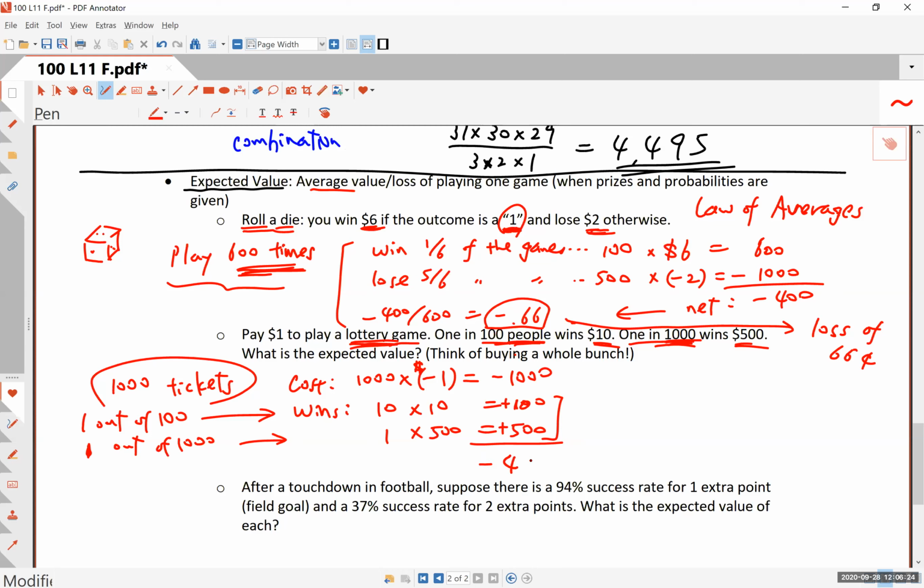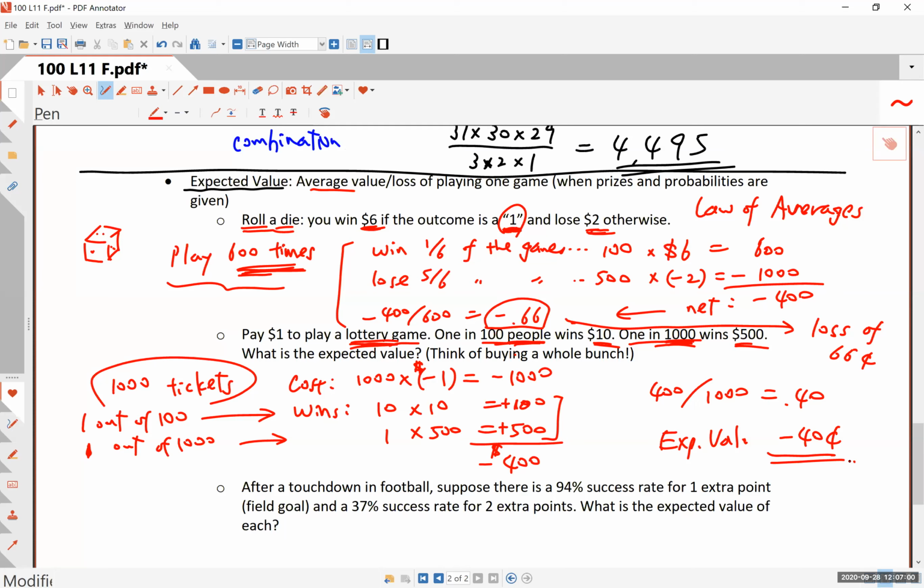So the net loss for you is basically $400. You basically lost $400, but 400 divided by the number of tickets you bought, which is 1,000, is 40 cents. So you can say the expected value for this kind of lottery is minus 40 cents. In everyday language, what this is saying is that every ticket you purchase, you expect to lose 40 cents.